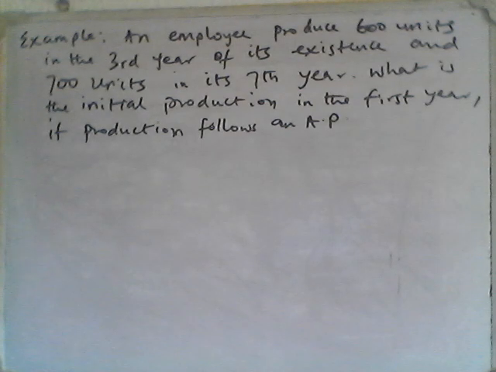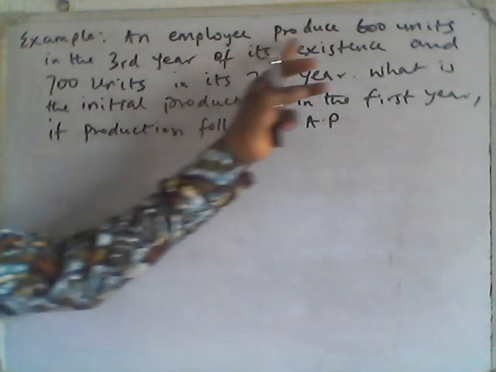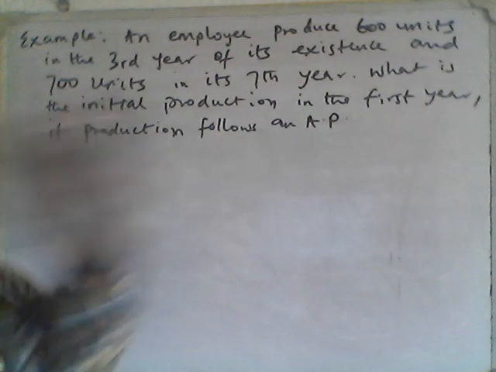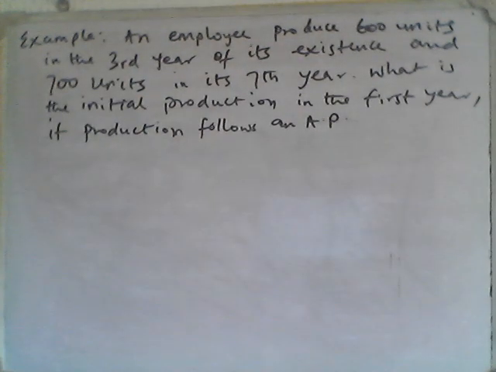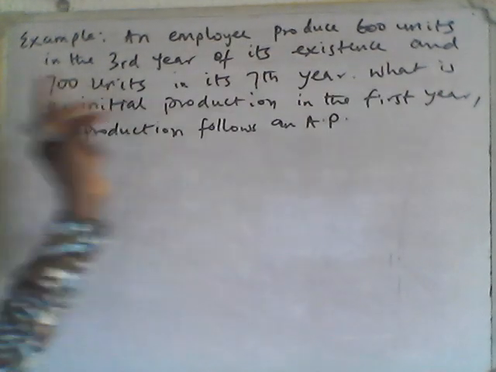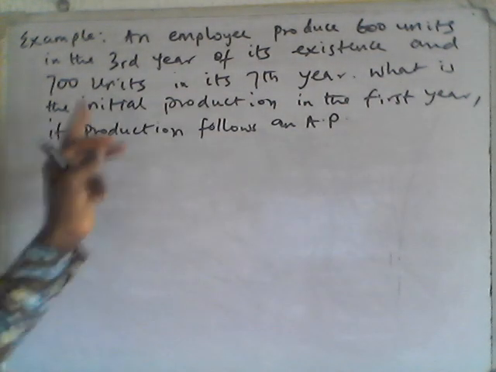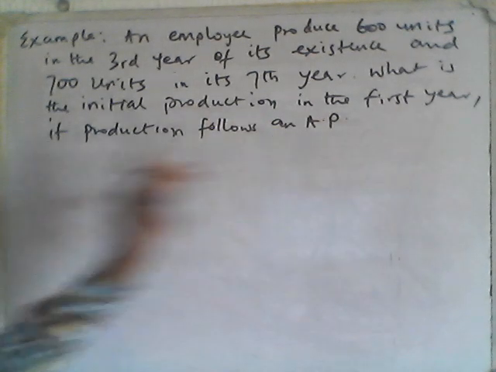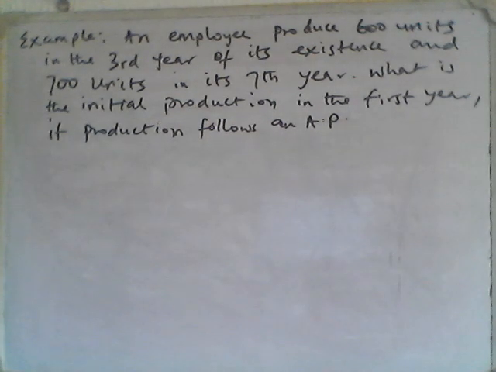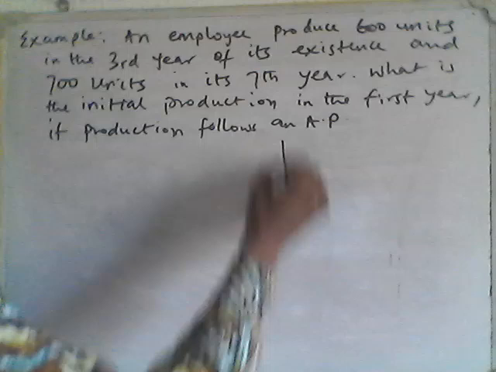This is another question on the board that we have to consider. It says an employee produced 600 units in the third year of its existence and 700 units in the seventh year. What is the initial production in the first year if production follows an AP? Once you hear AP, what comes to your mind?